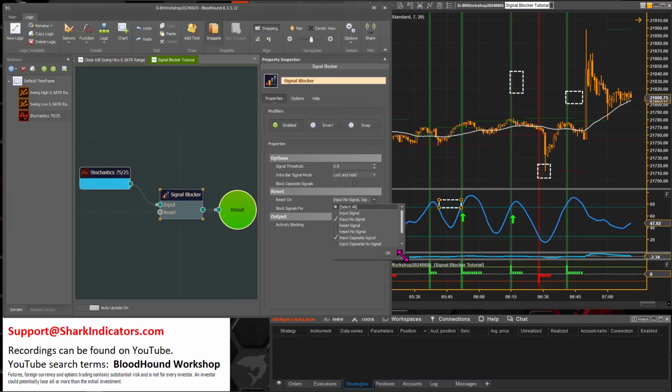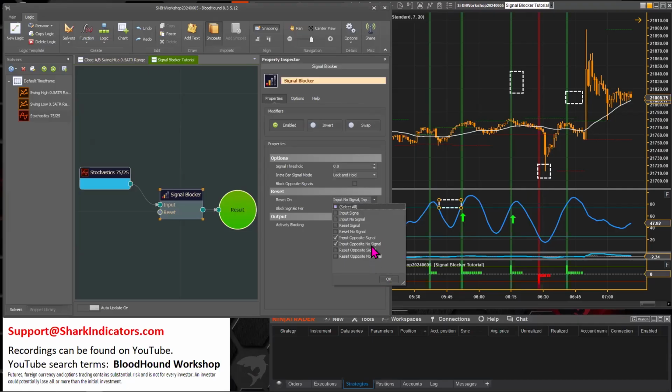But if we look at this list, we also have input opposite no signal. So we could use the absence of short signals to reset the signal blocker as well.